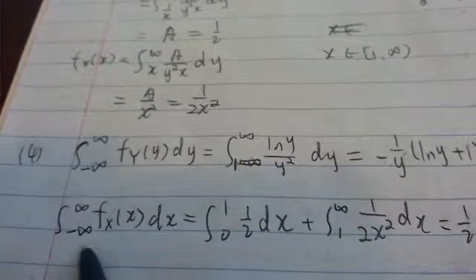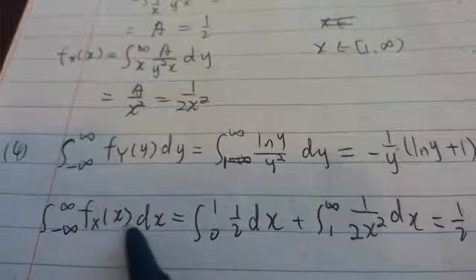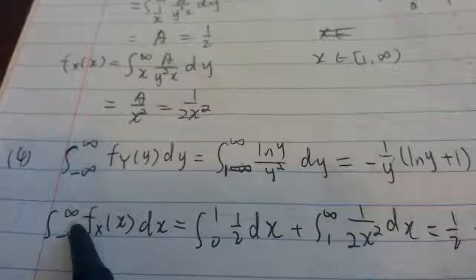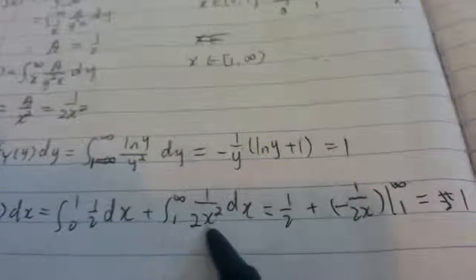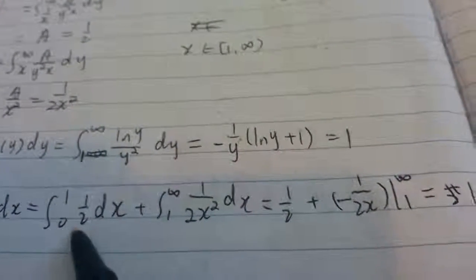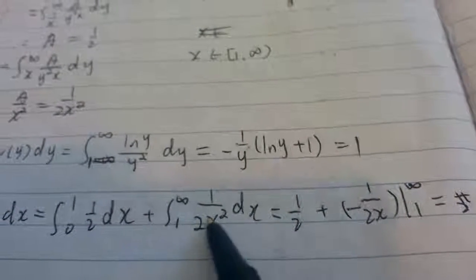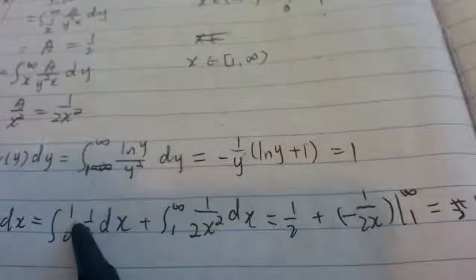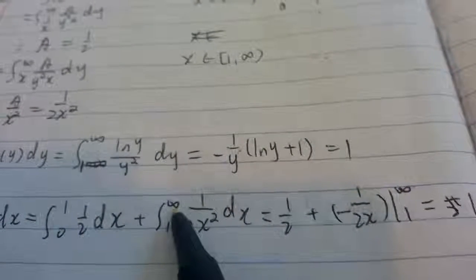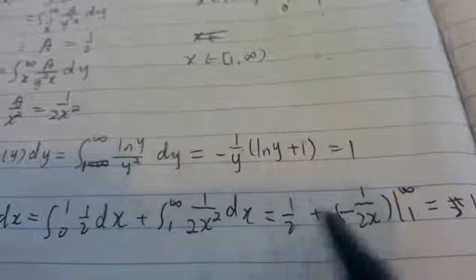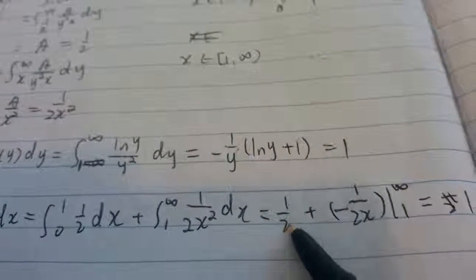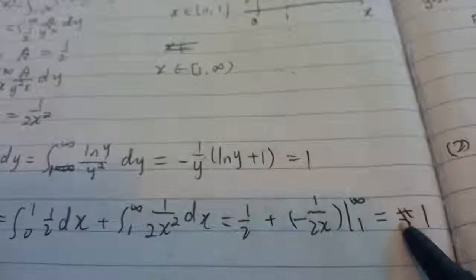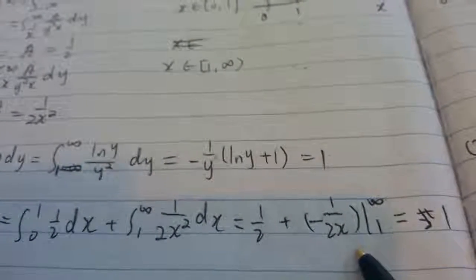And the second is we integrate f_X of x from minus infinity to infinity, and it's a two-part function, so we need two integral ranges, from 0 to 1 and 1 to infinity. The first part is 1 over 2, and the second part is 1 over 2. Finally, it's 1. So it's a verified density function.